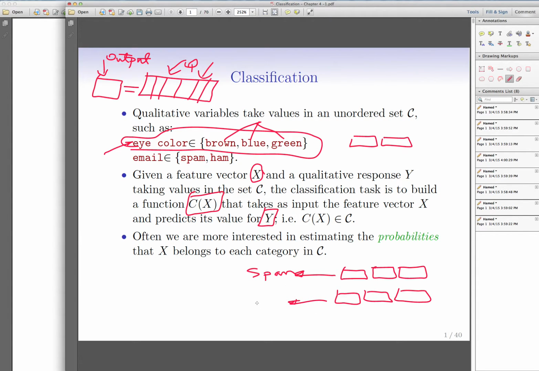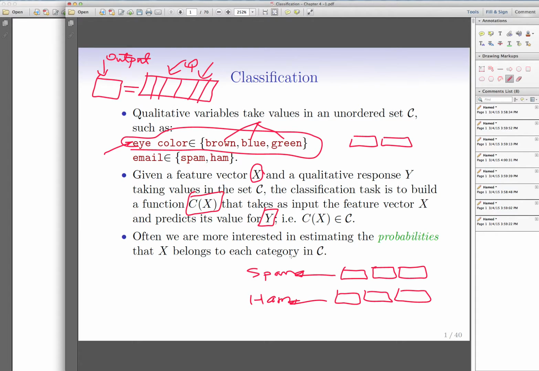Let's say if it is 99% spam, it's way more likely to be put in junk mail than the case that is only 51% spam. Although 51% spam is more likely to be spam, 99% is so much more likely. So sometimes we're interested to know the percentage of outcomes and probabilities as well.